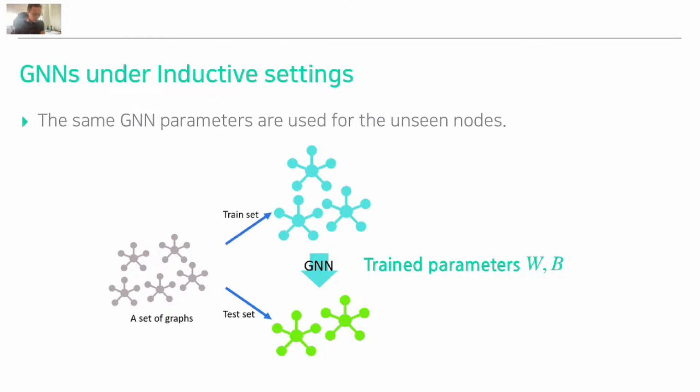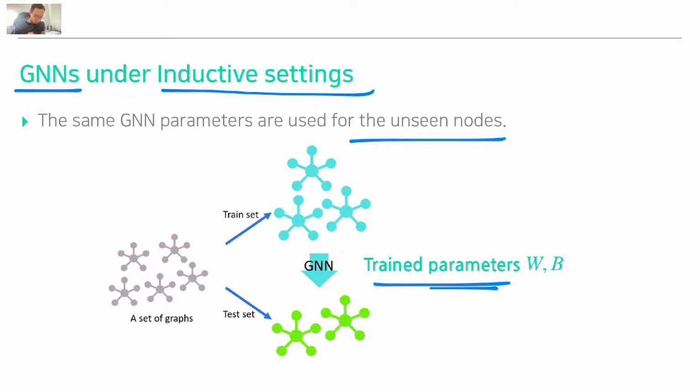And how would you apply this GNN for the inductive setting? So for the unseen nodes, we can still utilize the trained parameters W and B, right? So empirically, it is also known that it shows very good performance in the inductive setting as well.